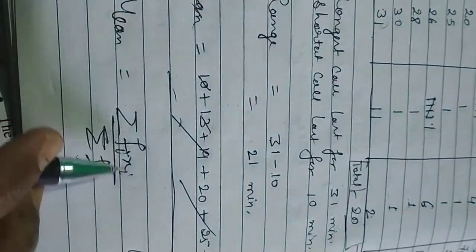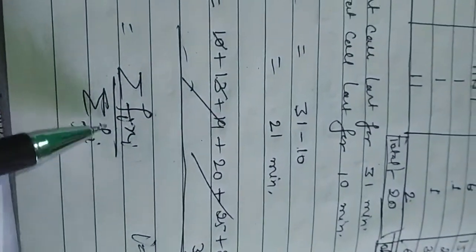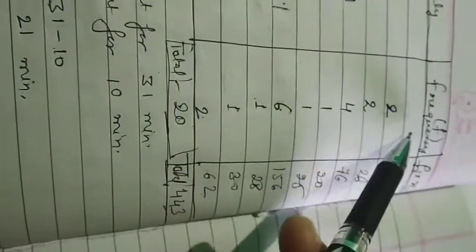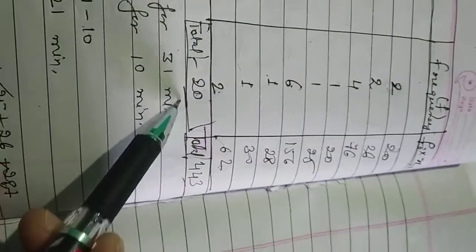In the place of this mean we will write, in the place of summation of F into X, 443. Summation means add up value. Okay. 443 divided by summation of frequency. Summation of frequency means sum of all the frequencies, that comes to 20. Okay. Now 443 divided by 20. If you divide it, you will get the answer here.